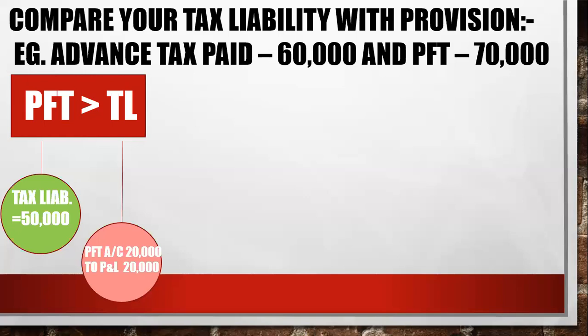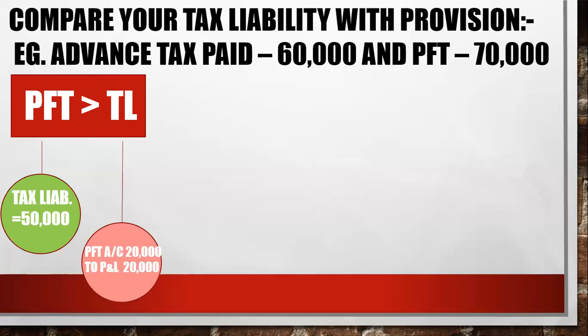So this is the journal entry that will come: PFT account debit to PNL. See, what journal entry do we make while making a PFT? We make the journal entry profit and loss account debit to provision for income tax, right? So now you have to transfer the balance to PNL. You have to nullify the account, so you have the opposite effect. Clear this?